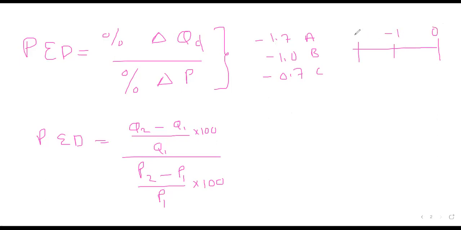Any value between 0 and 1 is inelastic. Anything exactly at 1 is unit elastic. From 1 going this side is elastic. So A is elastic, B is unitary, and C is inelastic.